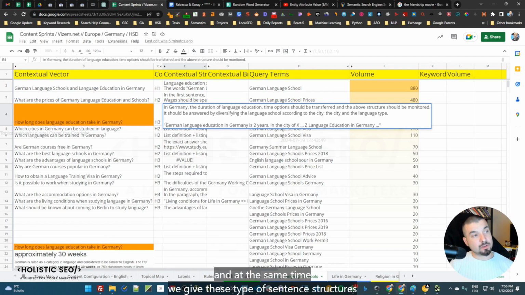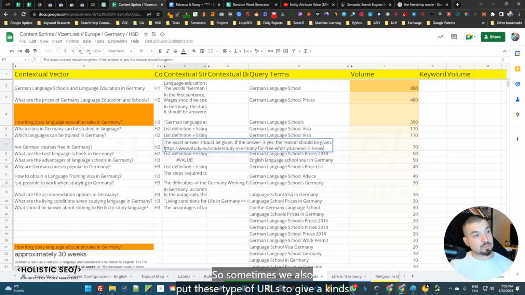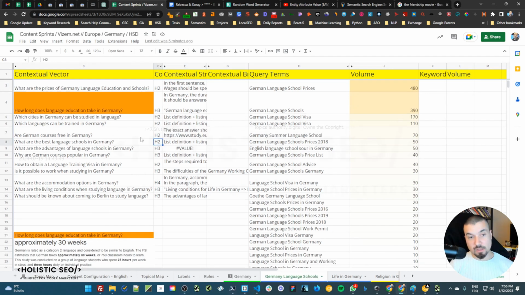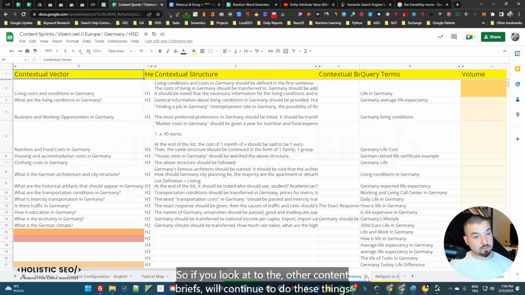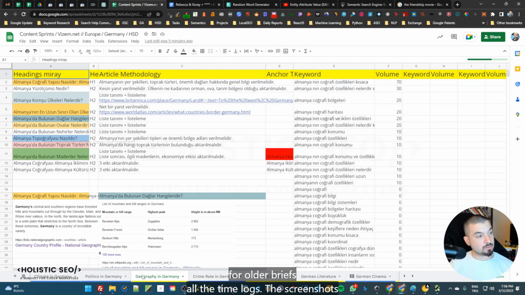At the same time, we give these types of sentence structures. The only thing the author will need to do is change these variables and fill in these sections. Sometimes we also put URLs to give the authors an opportunity to do research. If you look at the other content briefs, we continue to do these things for all the briefs all the time.